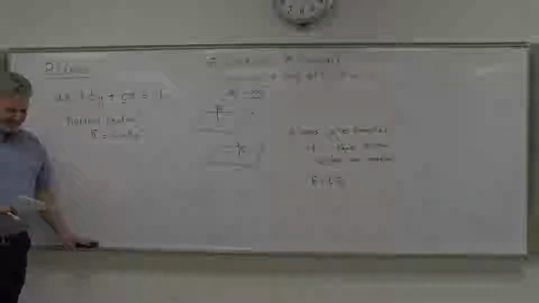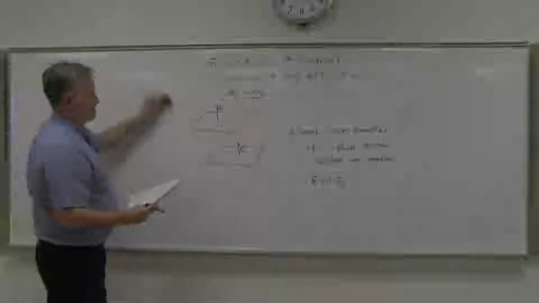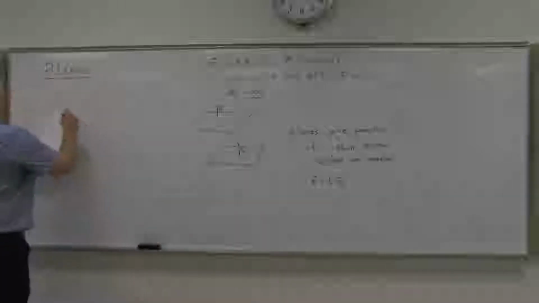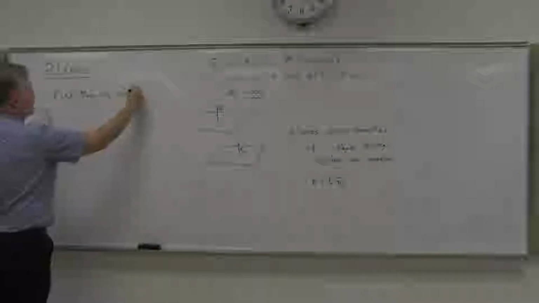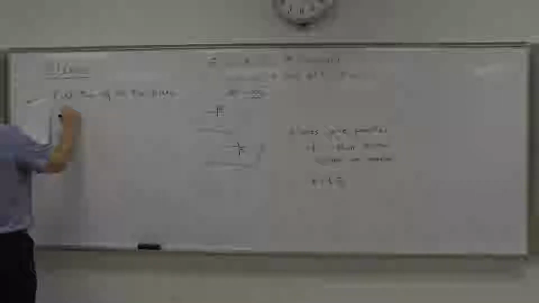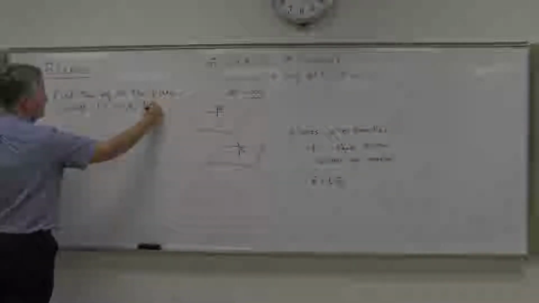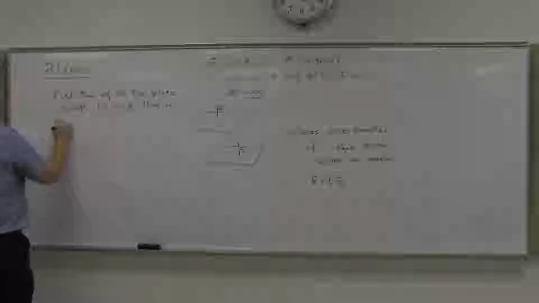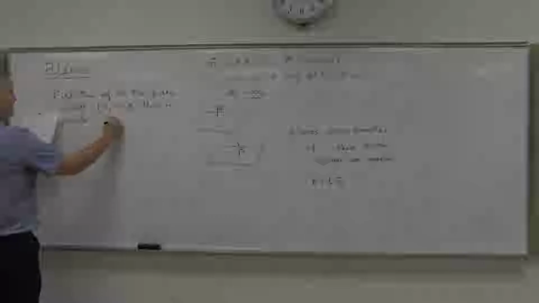Okay. All right, so with all that in mind, let's do this. Find the equation of the plane through (3, -6, 4) that is parallel to the plane x minus 3y plus 2z equals 5.